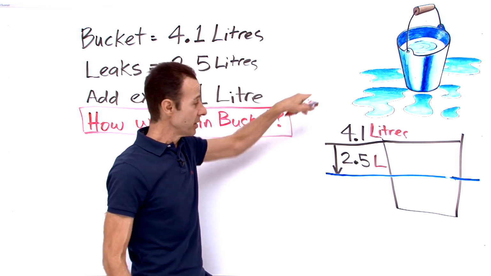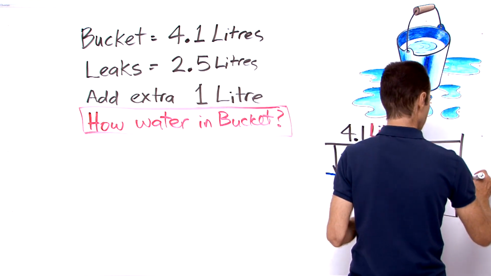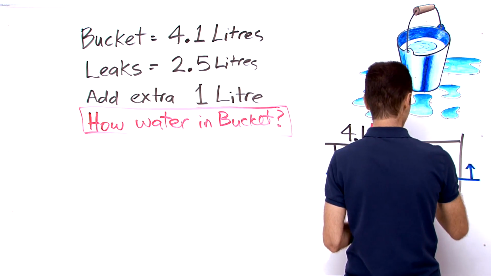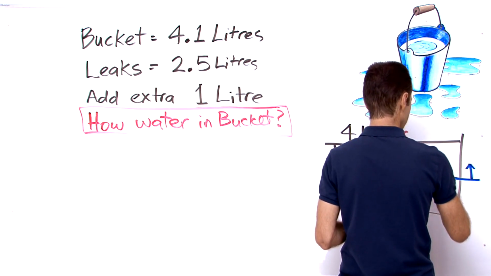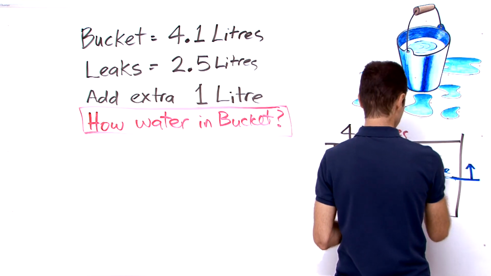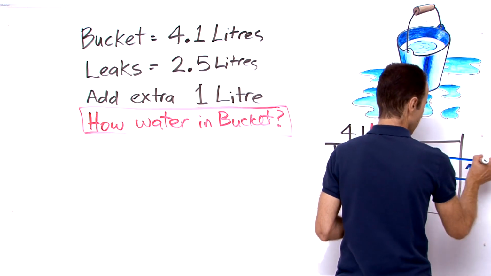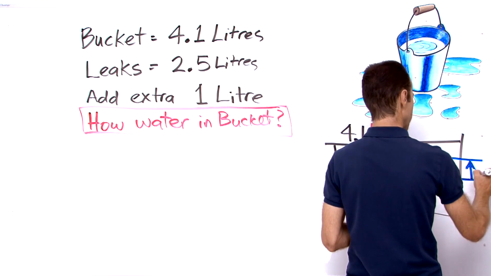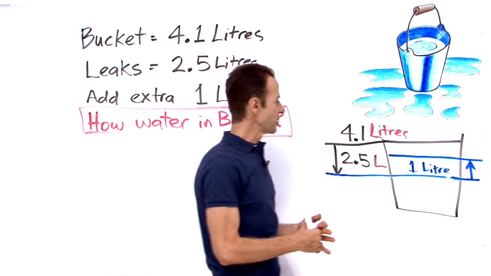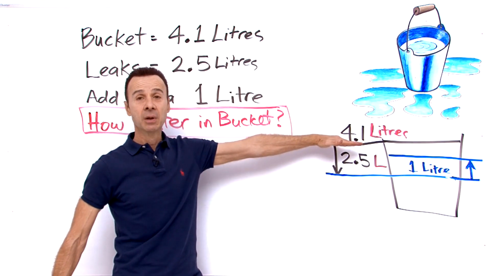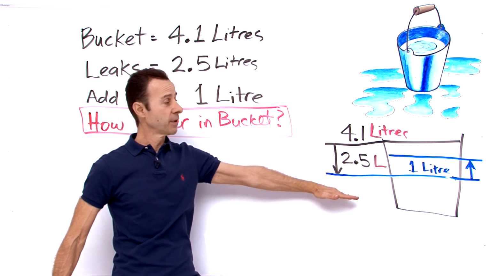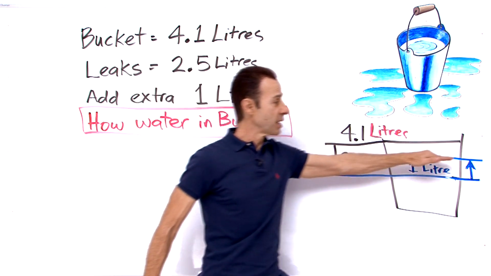Now we add 1 litre, so we go back up 1 litre. So it goes back up to here. So let's start from the top. 4.1 loses 2.5. We fill it up another 1 litre. How much is that level now?